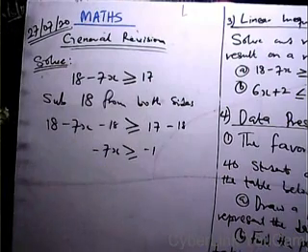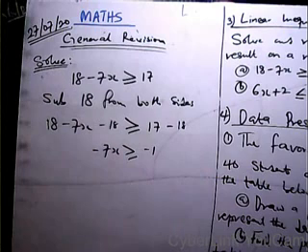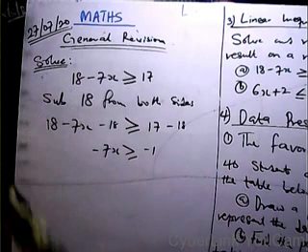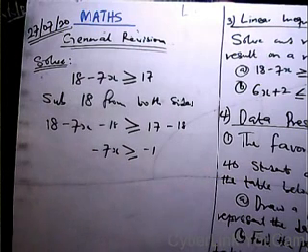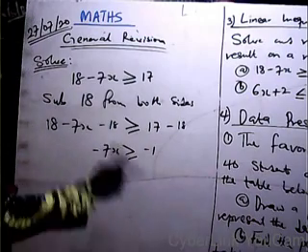If that is the case, you are dividing by the coefficient of s, and your coefficient has a minus. Don't forget the rule that whenever you are multiplying or dividing by a negative value, the sign of inequality will change.